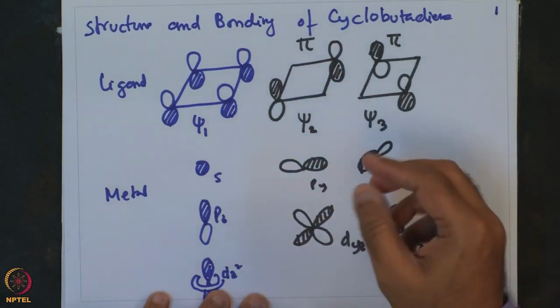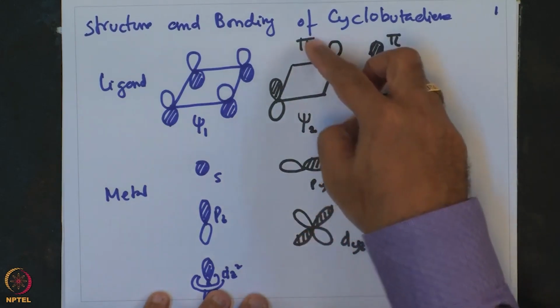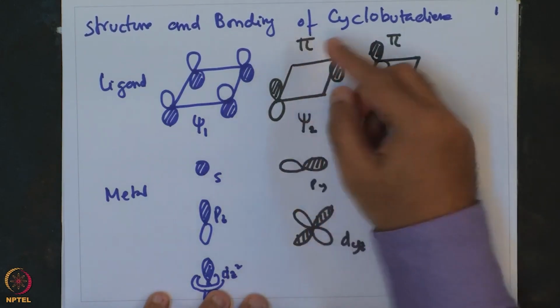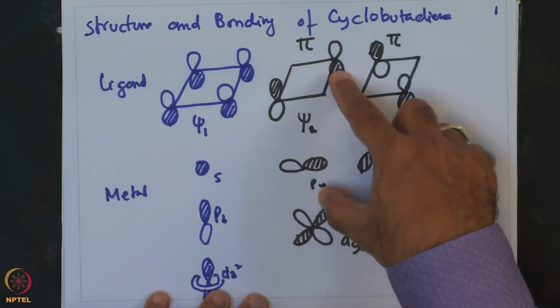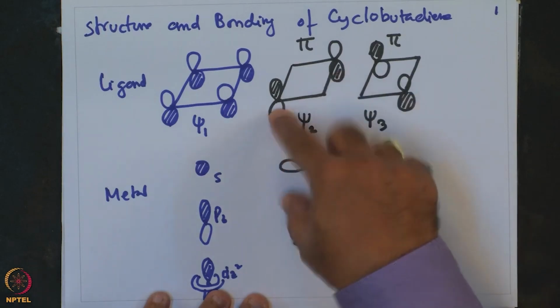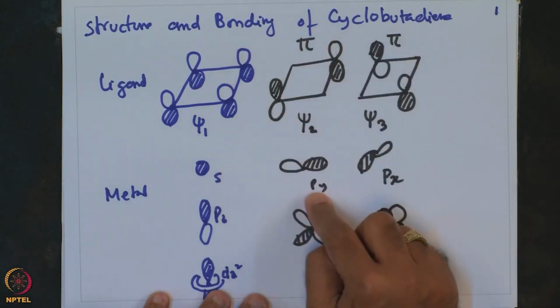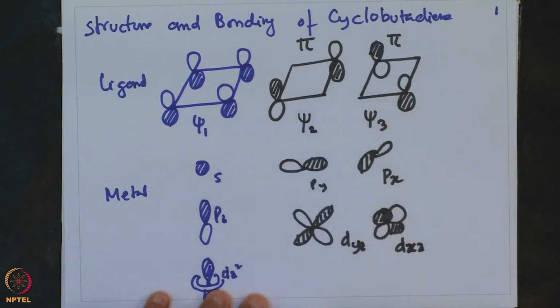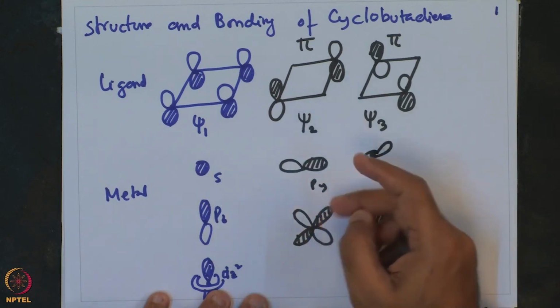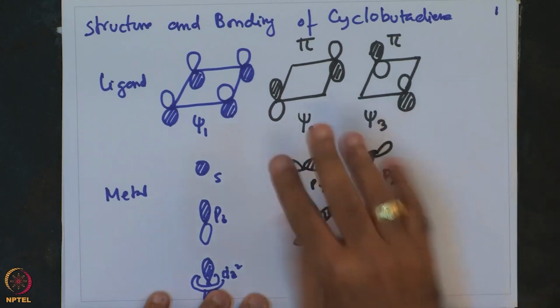One can conceive, along the same line, the d orbital interacting with psi 2, where this lobe will interact with that and this lobe will interact with that. Again, such an interaction is a pi type interaction.